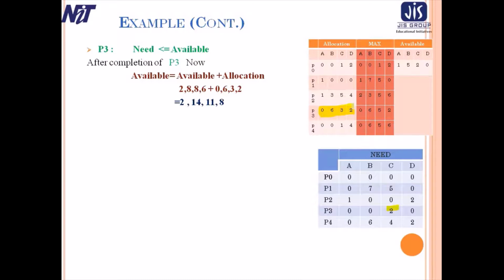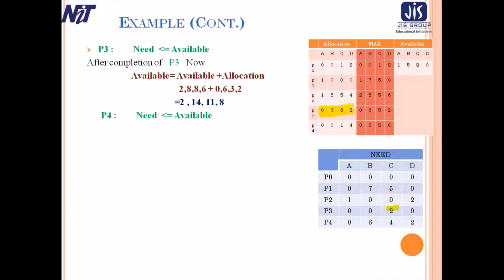Because this is a deadlock state, the banker's algorithm will help to give the resources to the process, then the process can execute and the system avoids the deadlock. Now, is P4's need less than or equal to available?